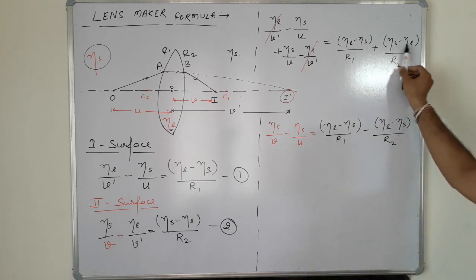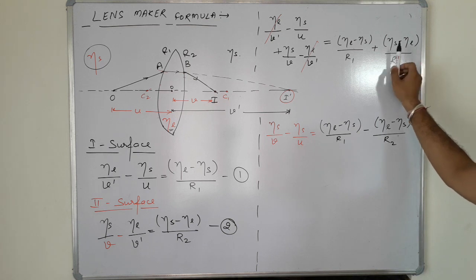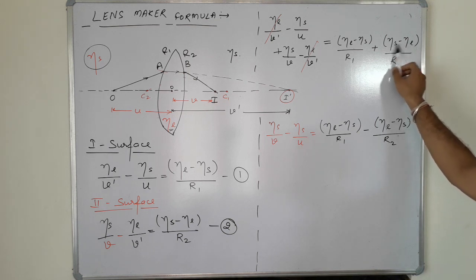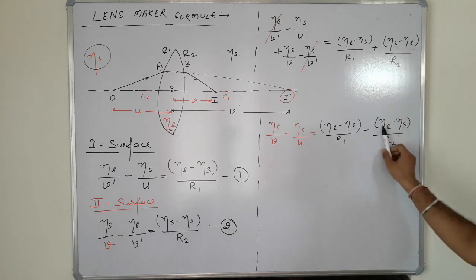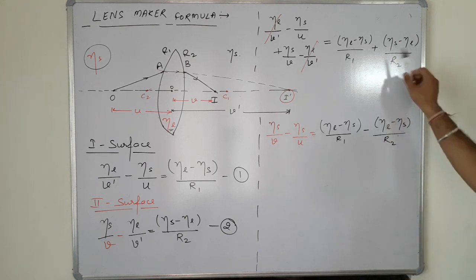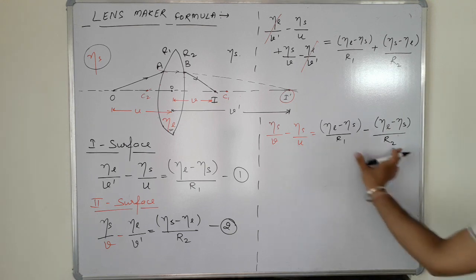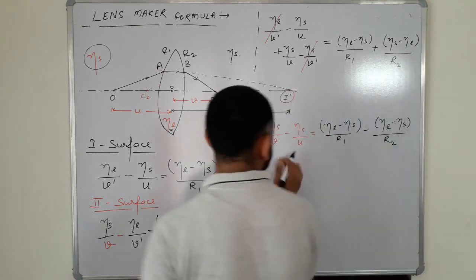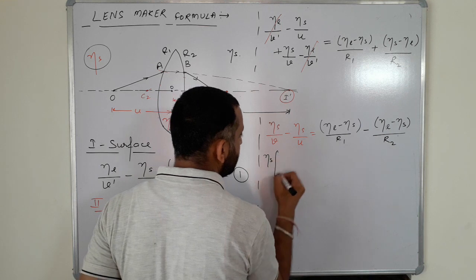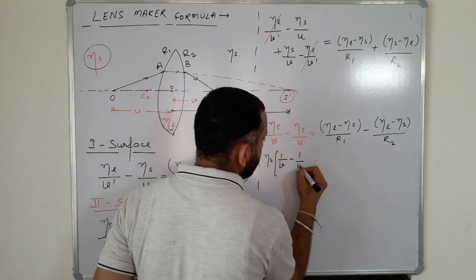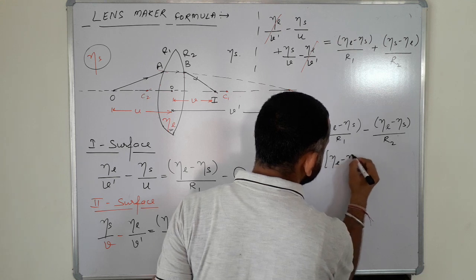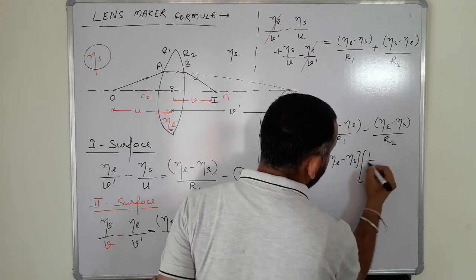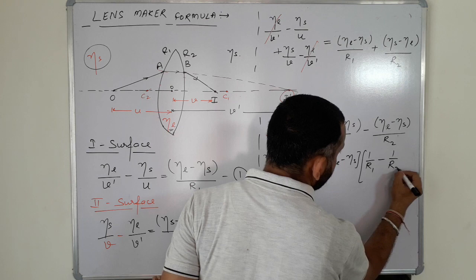What we have done, we have taken the negative sign common from here. If we take the negative sign common from here, we will get neta S as negative, neta L as plus. So this will be again the same. See this particular expression, we'll get neta S common here, neta S times 1 by V minus 1 by U is equal to, here we'll get neta L minus neta S times 1 by R1 minus 1 by R2.